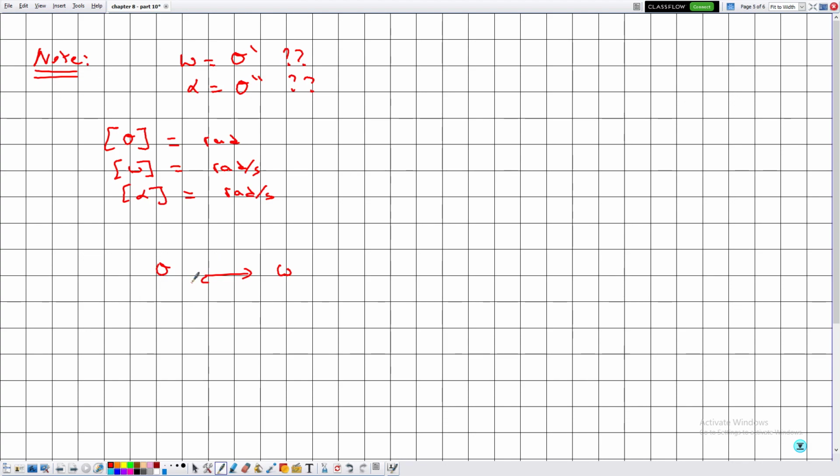If you derive theta with respect to time, the derivative d theta by dt is omega. In math this is denoted as theta prime, which is omega. So theta prime is equal to omega.